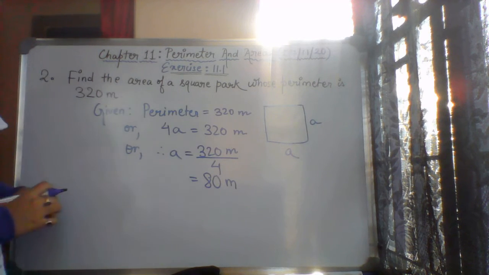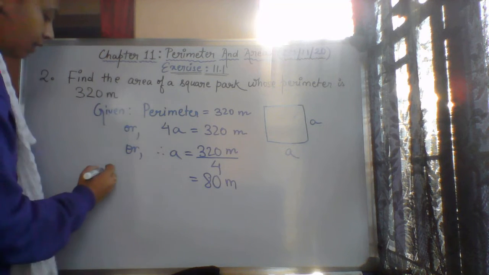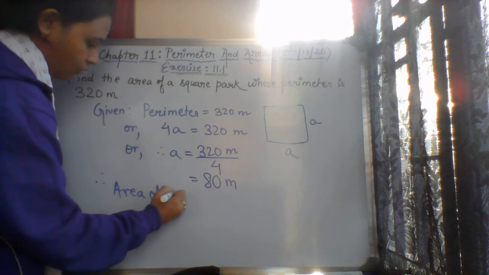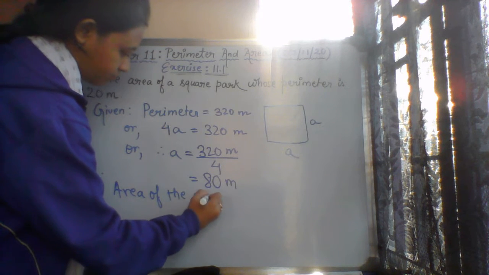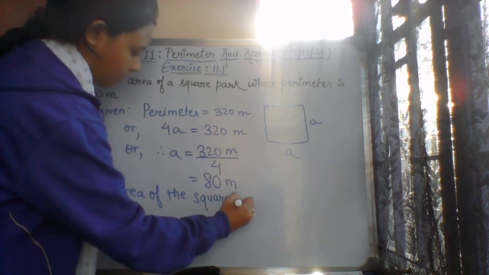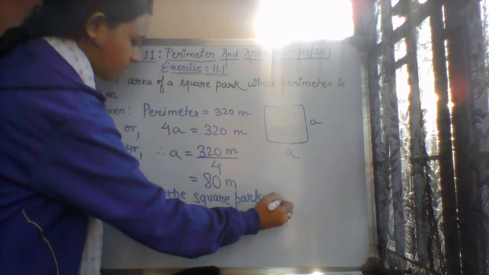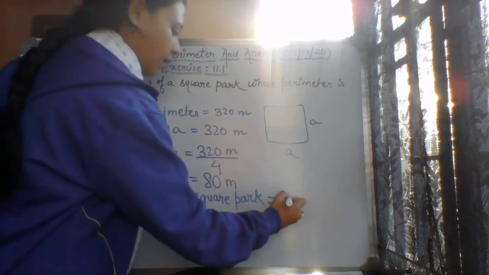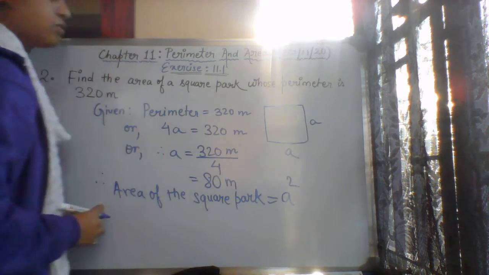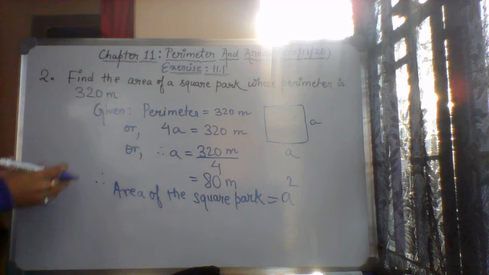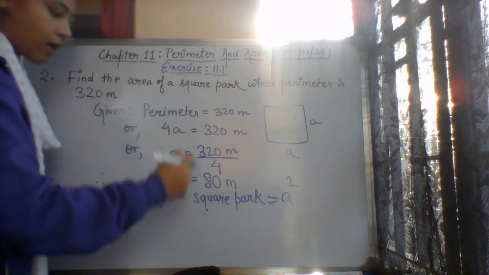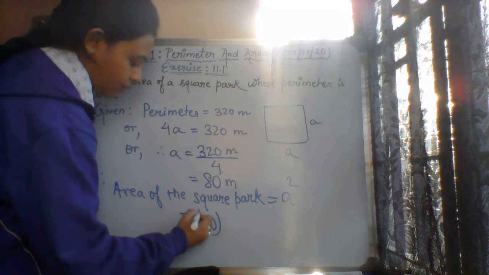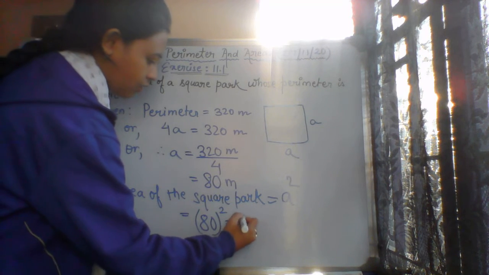Now you can easily find the area. Therefore area of the square park equals area of a square, you know how to find it: side into side, that is A into A, A square. So here our side is 80, so 80 square, or you can write this as 80 into 80.